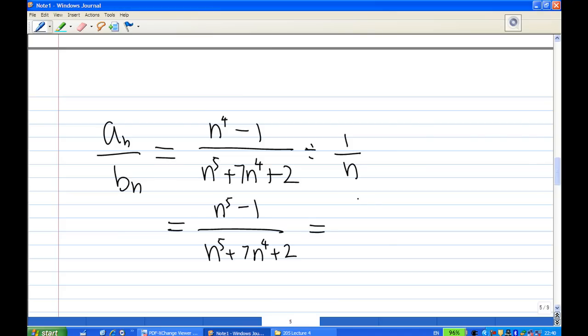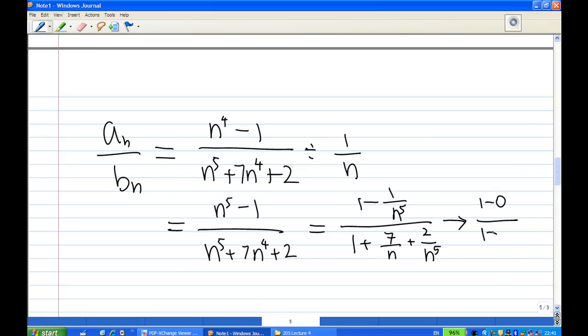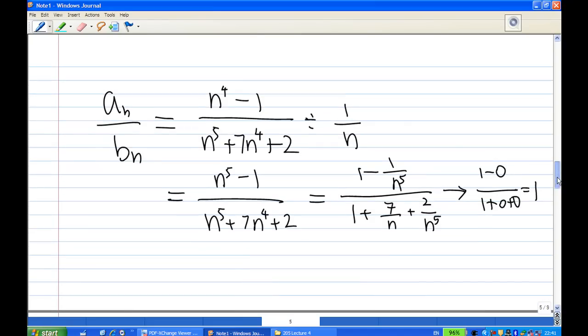Now divide both the numerator and denominator by the dominant term, n^5, and you get (1 - 1/n^4)/(1 + 7/n + 2/n^5). And we know that as n approaches infinity, this goes to (1 - 0)/(1 + 0 + 0), which is 1. So in this case, an over bn approaches 1, and this number is L.